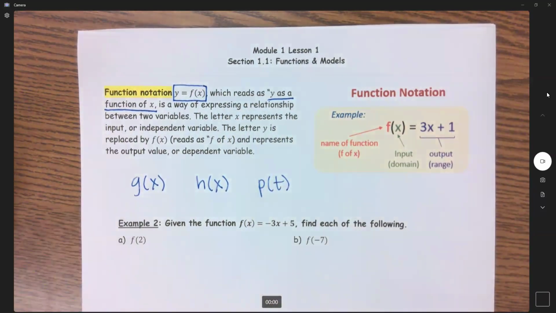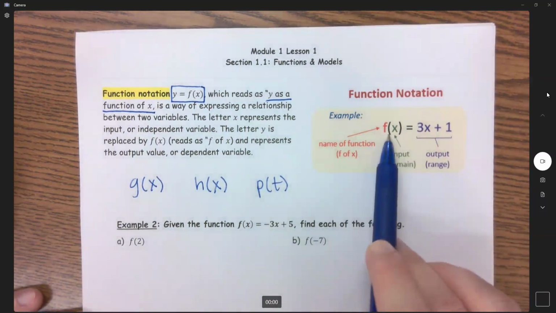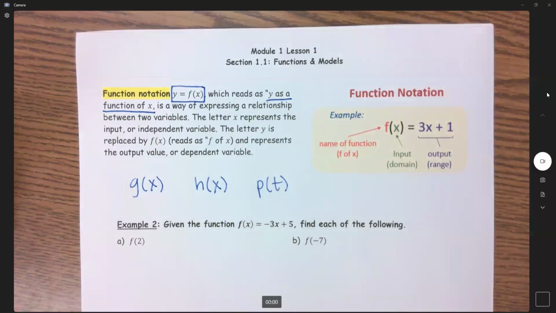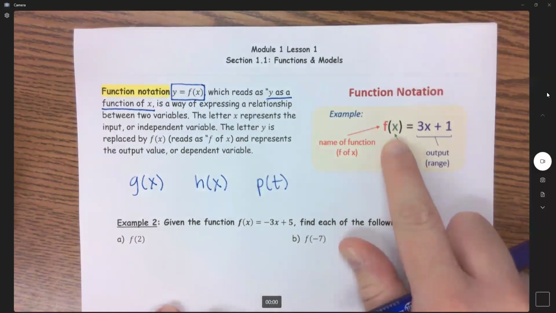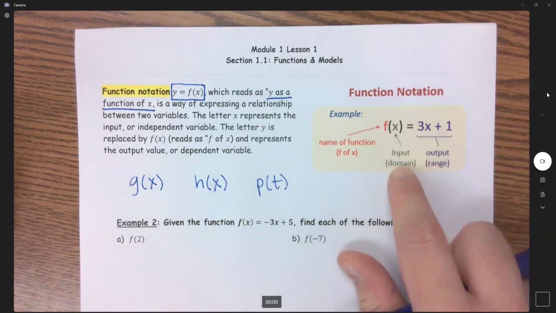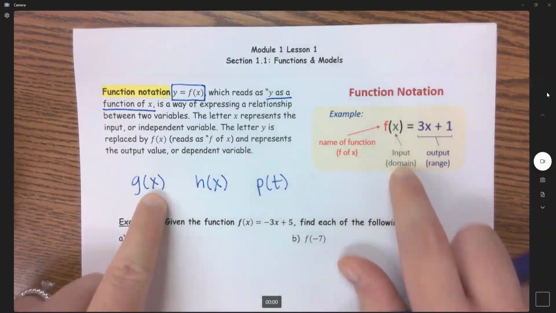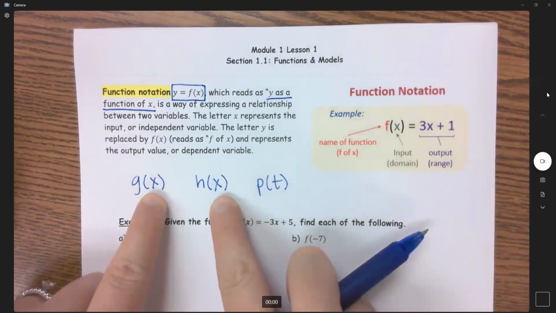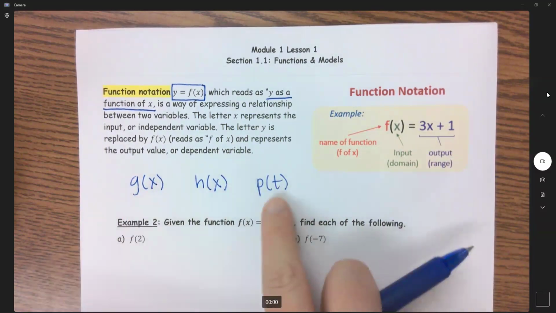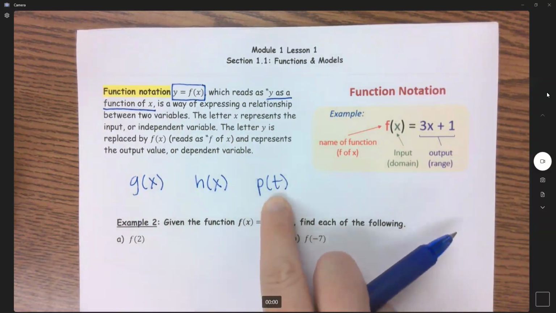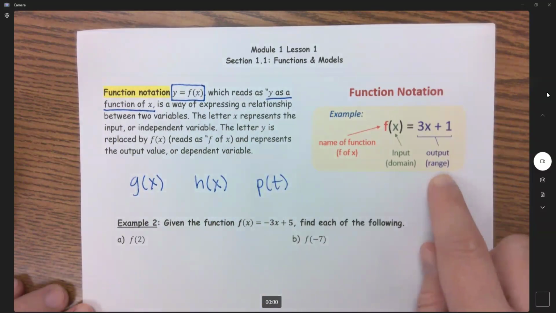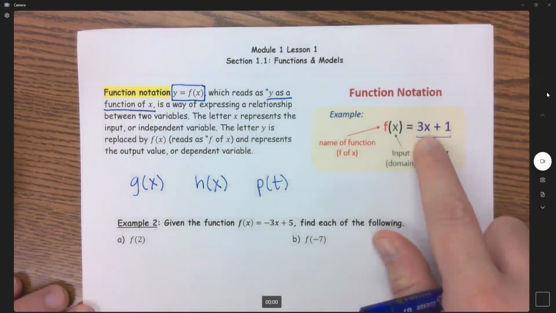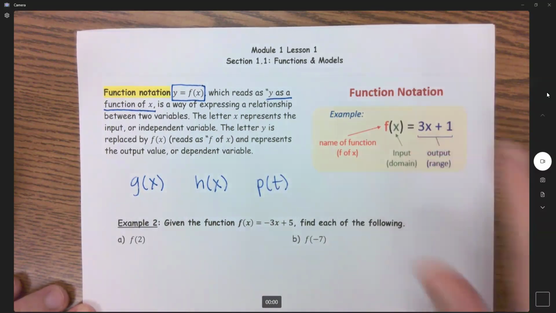The variables can change, but f of x is the one we're going to use the most frequently. Whatever is in parentheses is your input or your domain. So here my domain would be x, these would also have a domain of x, and this one would have a domain of t. And then your output is whatever this equals.